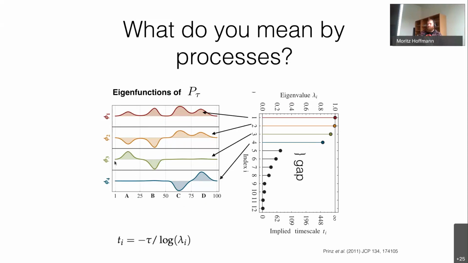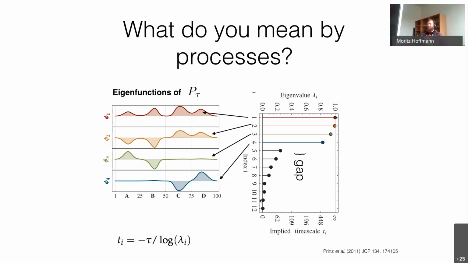And phi 3, which is the second, or well, maybe third slowest process, if you like, is a transition between AB, which is the medium-high barrier. And then we have phi 4, which is the CD barrier. And then if we look at the spectrum, right, at the eigenvalues, then we see that here we have a gap.